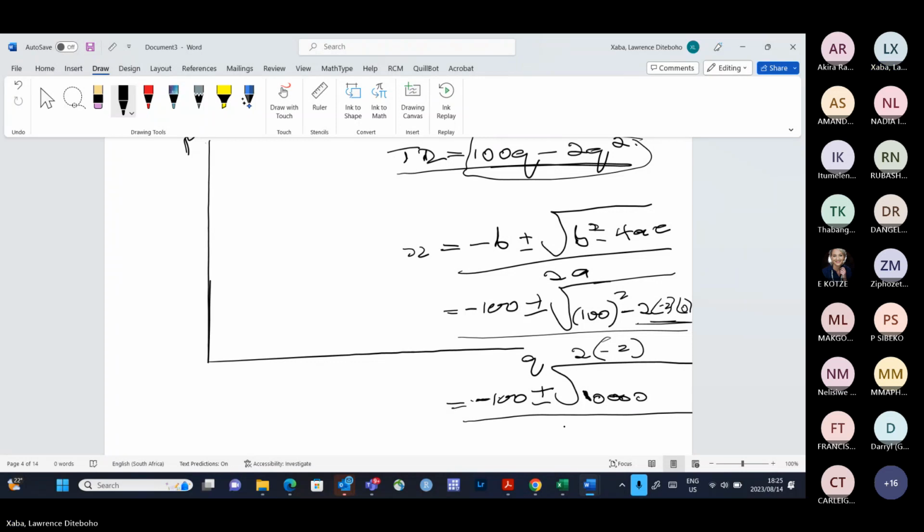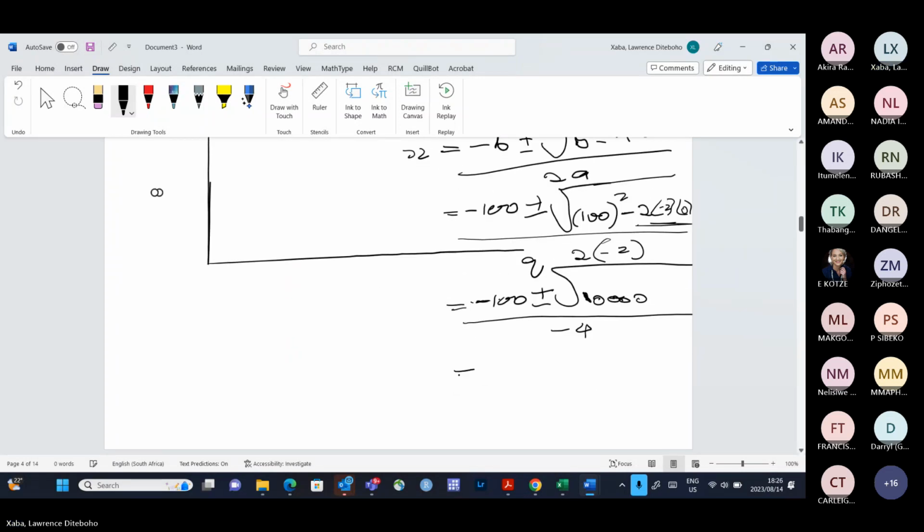Divide by negative 4. So let's simplify our square root: the square root of 10,000 is 100. Then we have negative 100 plus or minus 100, divided by negative 4.